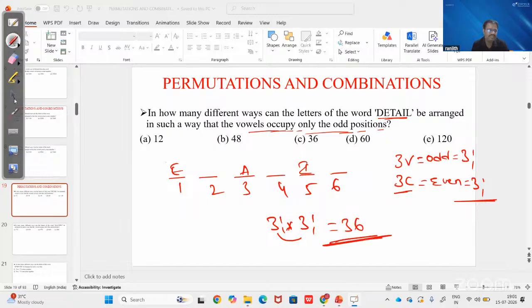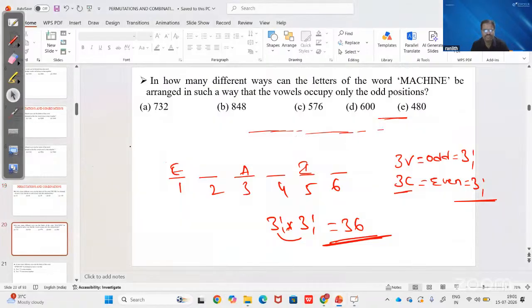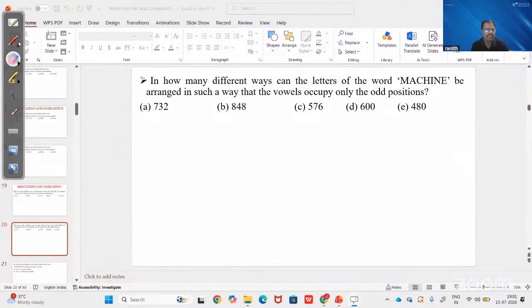Next. So, last question. In how many different ways can the letters of the word MACHINE be arranged such that vowels occupy only odd positions? How many letters do we have? 7 letters: 1, 2, 3, 4, 5, 6, 7.